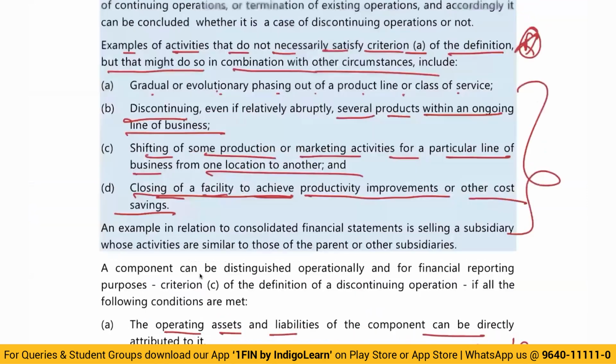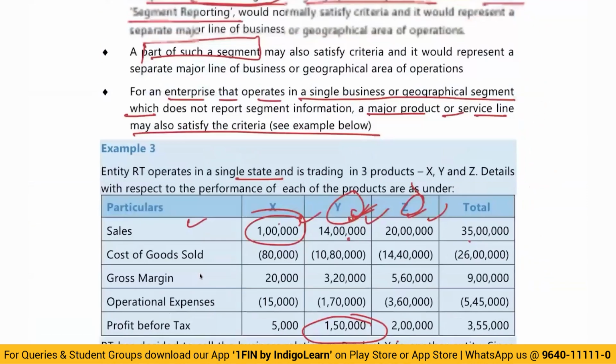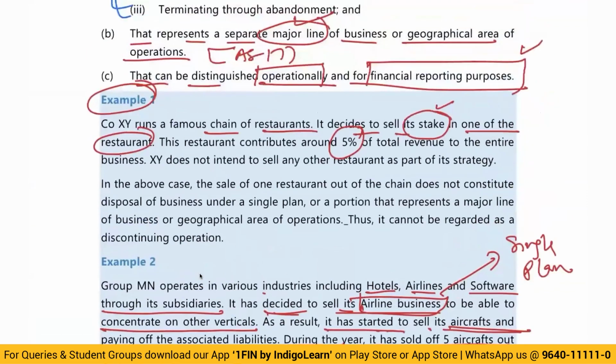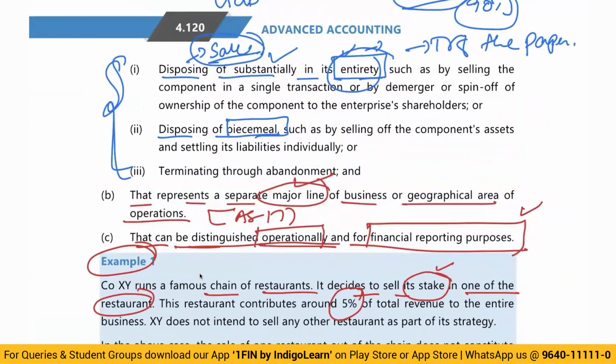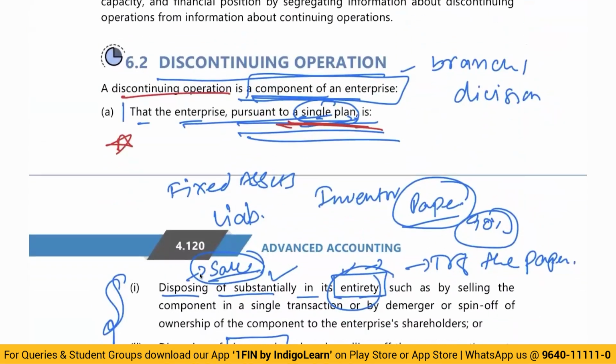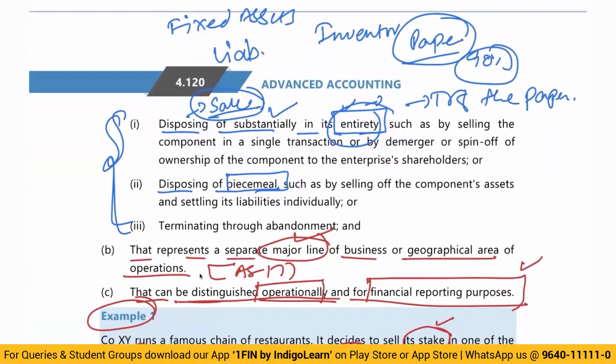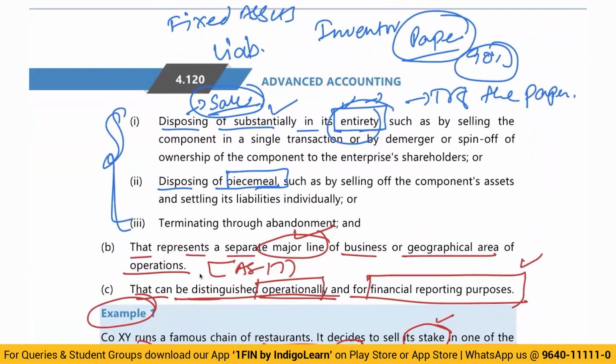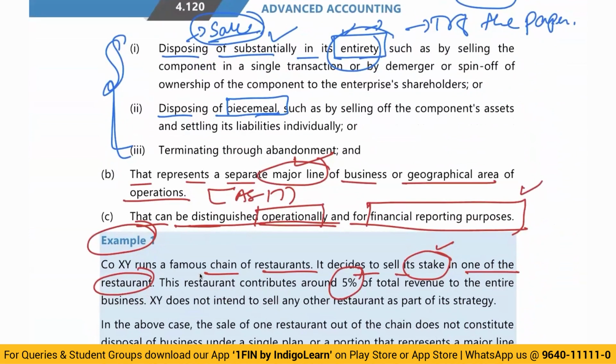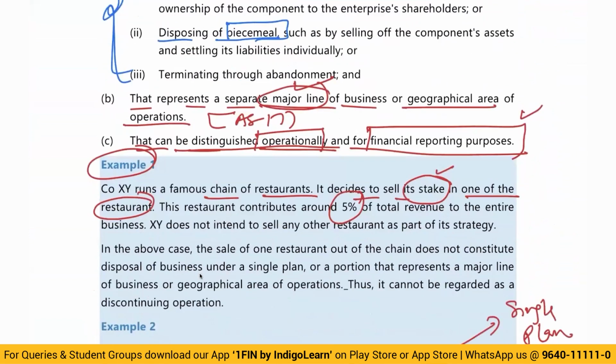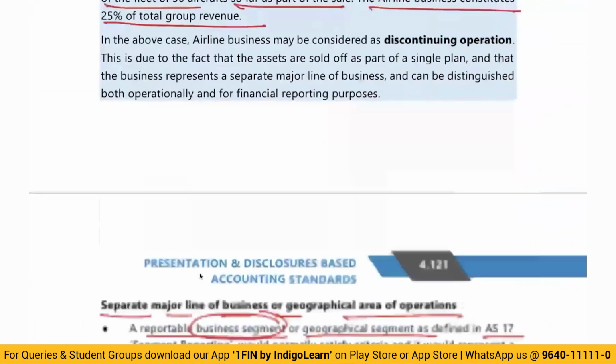Then we say it is distinguished for operating and financial reporting purpose. Okay, so just one last time, it is a component. As per a single plan, we are disposing of in its entirety or piecemeal, or we are terminating through abandonment. It represents major line of business, and it can be distinguished operationally and for financial reporting purpose.